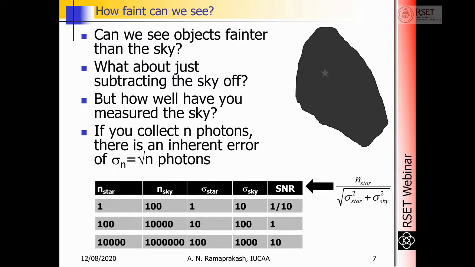The larger your telescope is, the more photons you collect, the fainter you keep seeing. And the sky itself does not set a limit on how faint you can see. So that is basically what astronomers do. They make bigger telescopes, collect more photons, and keep seeing fainter and fainter objects, which they have not been able to see so far. So new phenomena start unraveling.